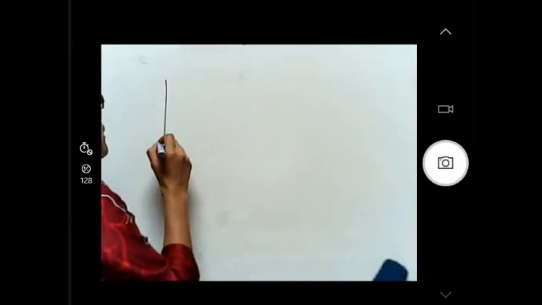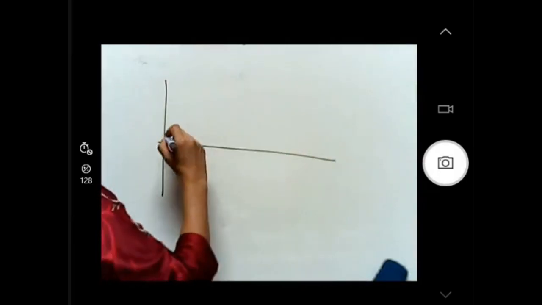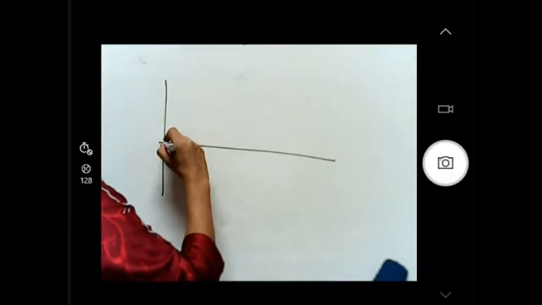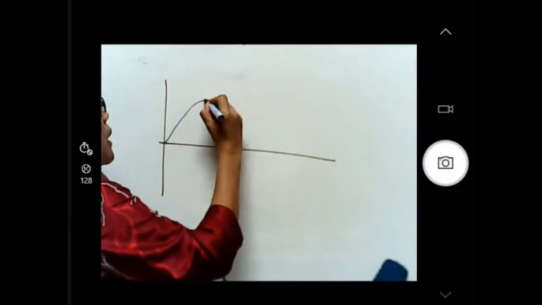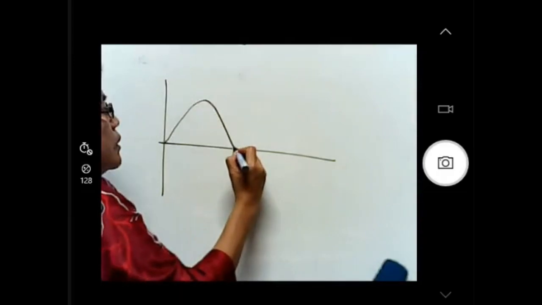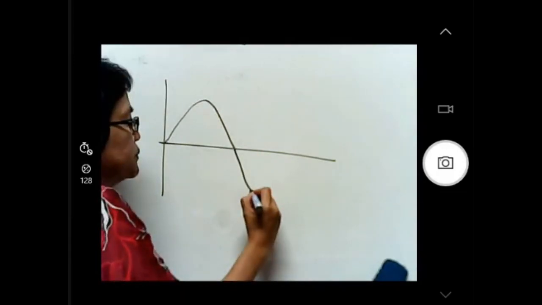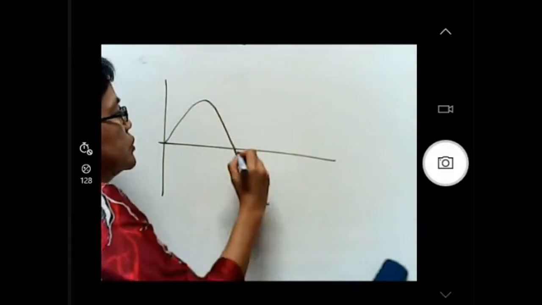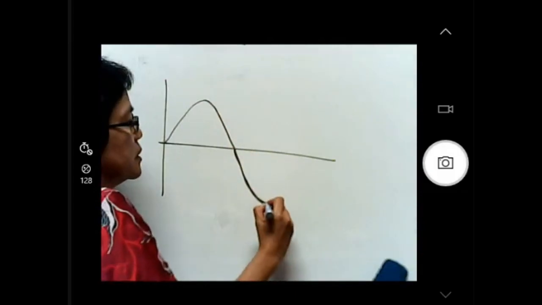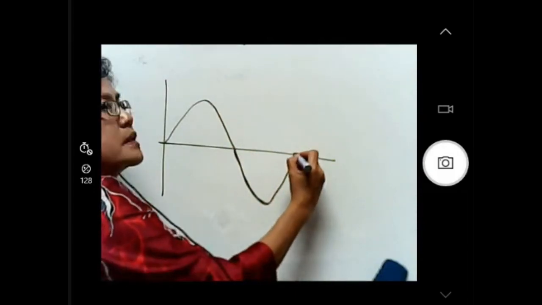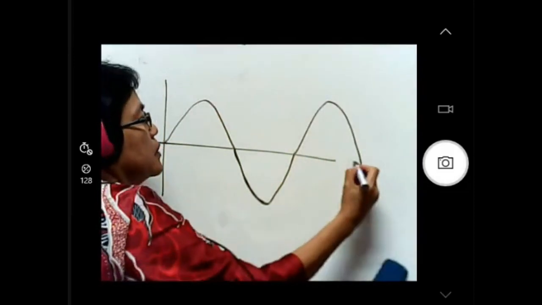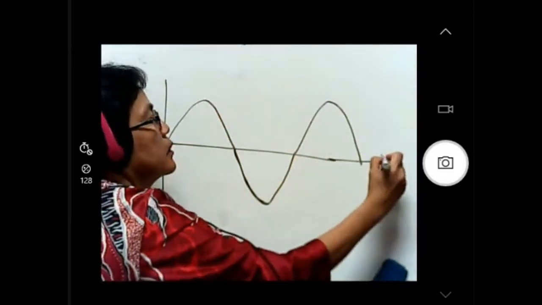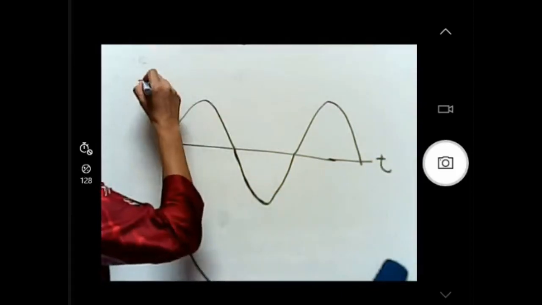We know a sine graph increases from 0, meaning the value of current increases from 0, then decreases, changes direction, then increases and decreases, then changes direction again, increases and decreases again according to time. So this is the current.